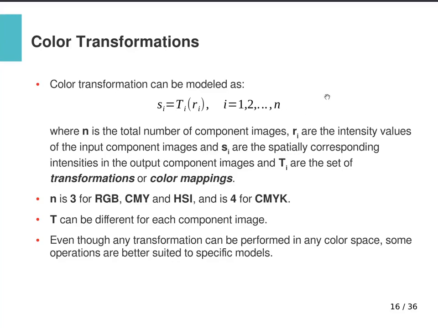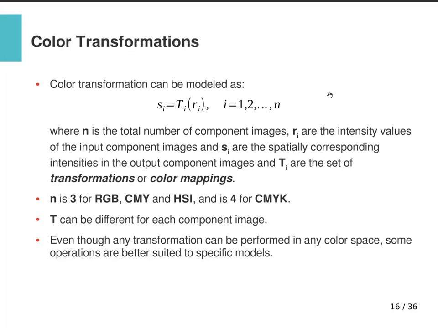Here n is the total number of color components in the image. For example, if you are working with RGB images, n is going to be 3. Ri are the intensity values of the input component images, and Si are the spatially corresponding intensities in the output component images. Finally, Ti are the set of transformations or color mappings.